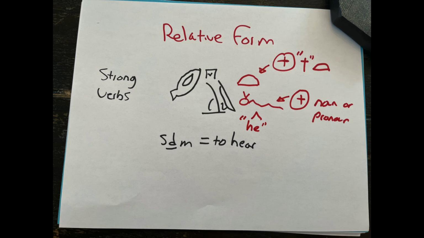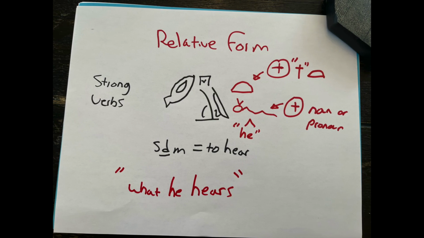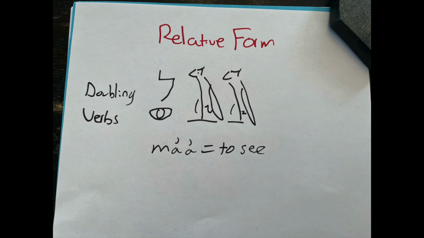We're just using he for sake of simplicity here. So we add a T and we add a pronoun. Boom, now the relative form. This is now, instead of to hear, it's become what he hears. So that is your basic relative form clue. Let's look at the other three forms to see how this form works for them.